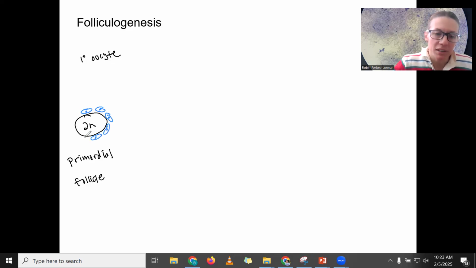So you saw in that previous histology section of an adult ovary, there are still primordial follicles present. But all primordial follicles that are going to exist are going to be present before birth, so in utero.